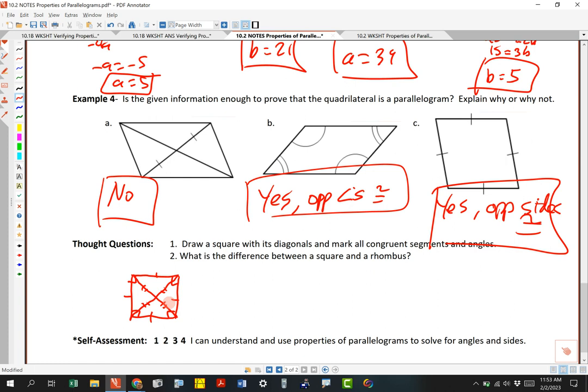Angela. All the sides are parallel. That's true. We could mark that on there. The angles will take care of that because we've got same side interior angles that are supplementary. Can you think of anything else you could mark?